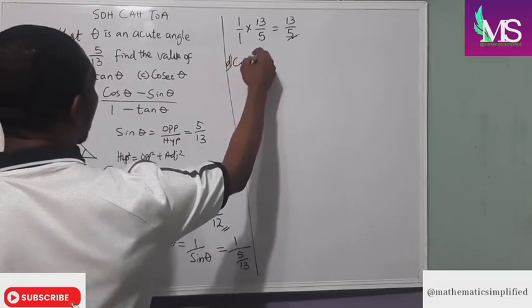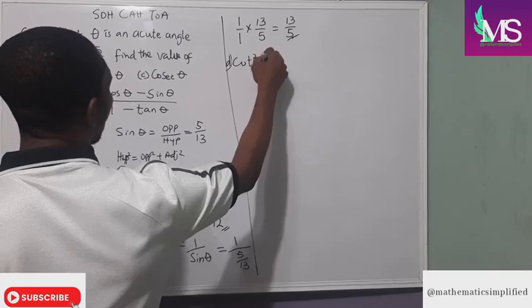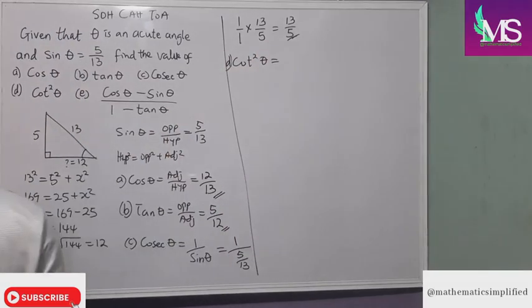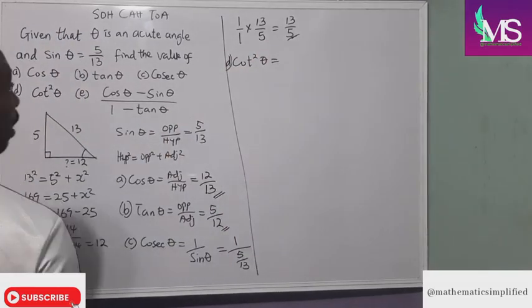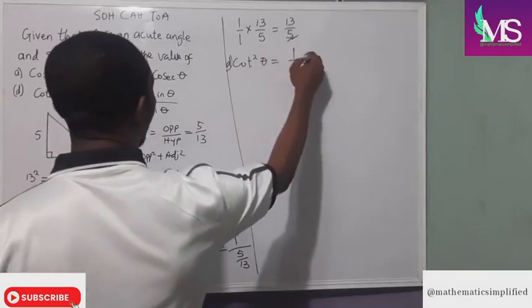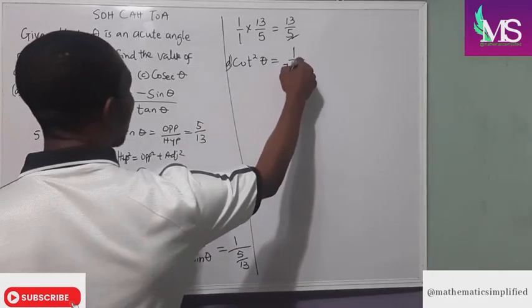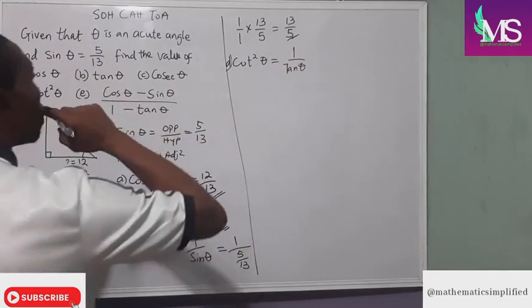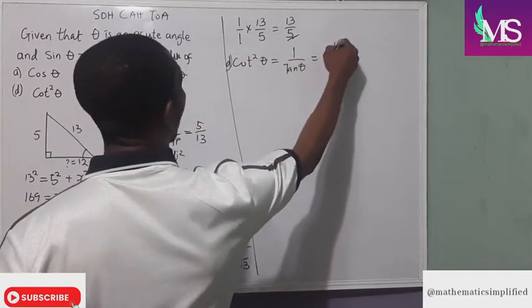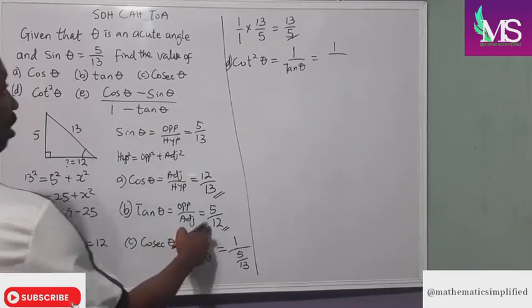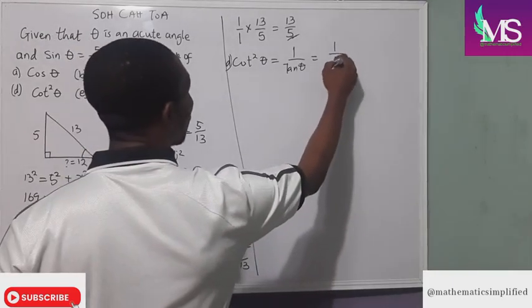And the next one says we should find cot squared theta. Okay, now we know that cot is 1 over tan theta. So this will give us 1 over tan theta, which is 5 over 12.